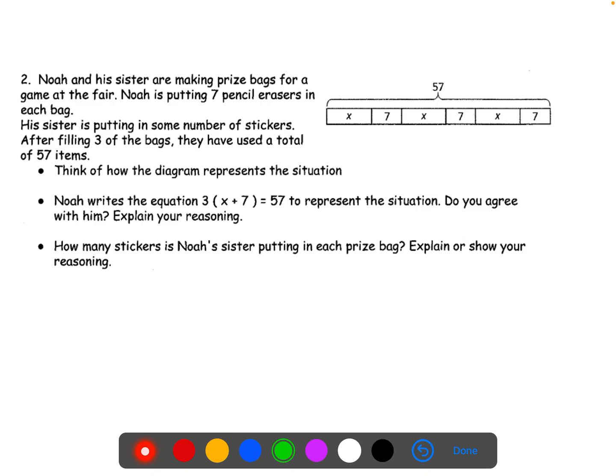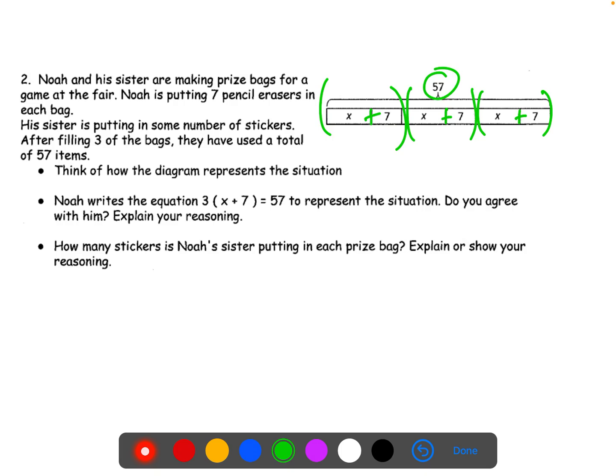Well, if we were to look at this diagram, this would be representing x plus 7. There's definitely 3 of those groups. So yeah, we have 3 of those x plus 7 groups. I think his equation would be great. And it's equaling the 57 total items that they put in the bags.